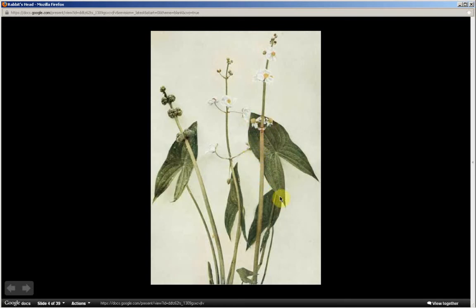The leaf you see here lets you see where the plant derives its nickname, rabbit's head, because it appears to be in the shape of an upside down rabbit's head. Notice that the ears, as with all rabbits, are pointed.